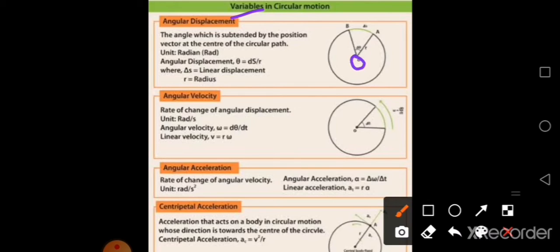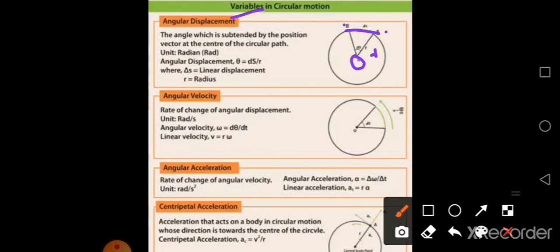If center O is the center of the circle, and the particle moves from A to B, whatever angle is subtended by the position vector r at the center, you call it the angular displacement.